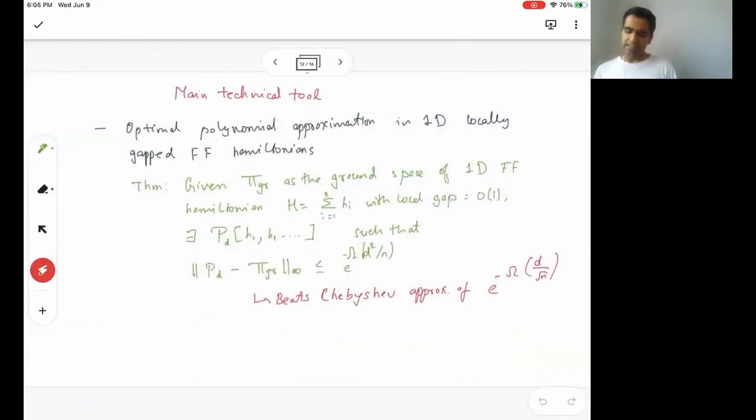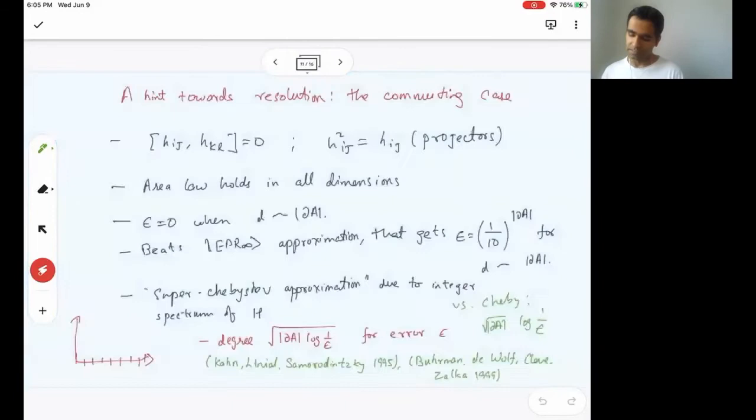So this is exactly what we do, and our main technical theorem is the following, which says that for one-dimensional locally gapped frustration-free Hamiltonians, I'll clarify why it's 1D soon, we can actually get this behavior of polynomial approximation, which was earlier only known for the commuting case, which came, by the way, from these classical results in query complexity.